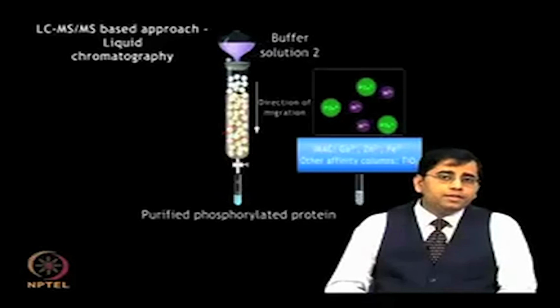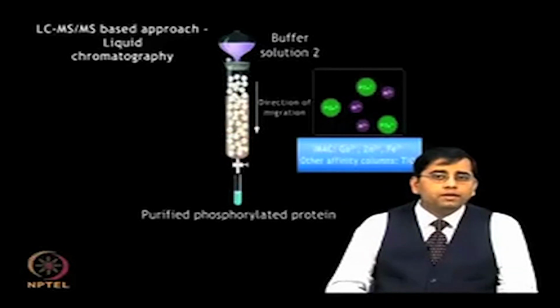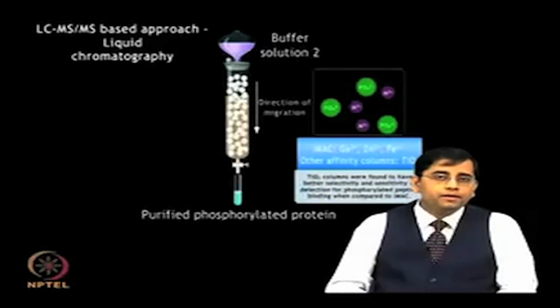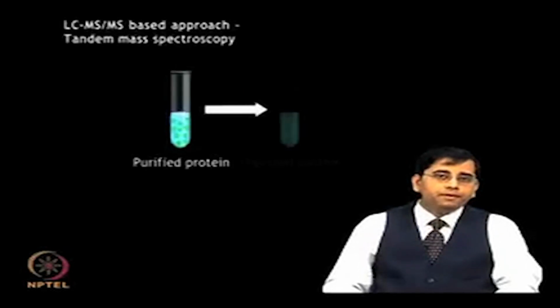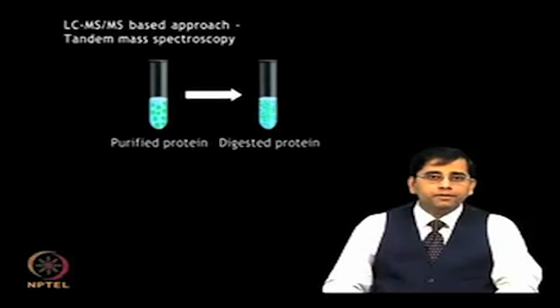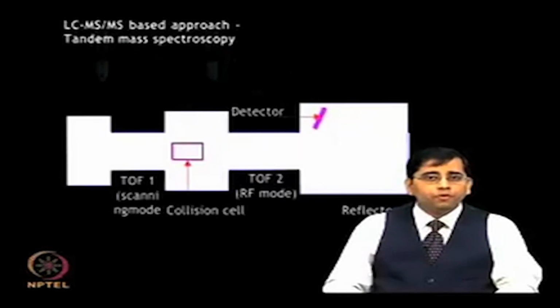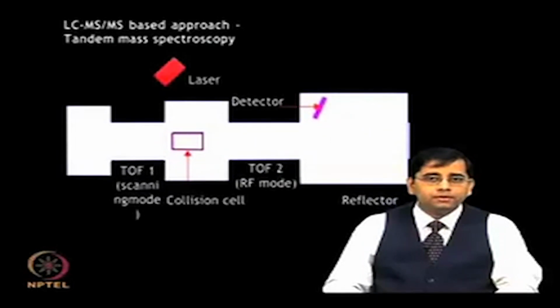The unwanted proteins are removed by washing the column with a suitable buffered solution, after which the phosphorylated protein of interest can be eluted out by modifying the buffered solution. The protein purified by liquid chromatography is then subjected to tryptic digestion followed by analysis using tandem mass spectrometry.